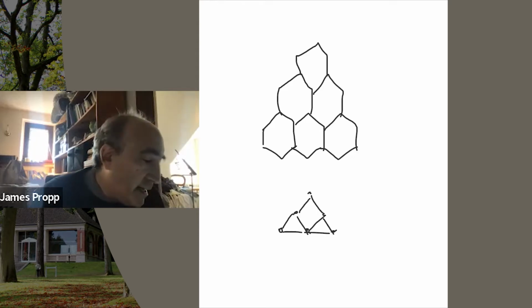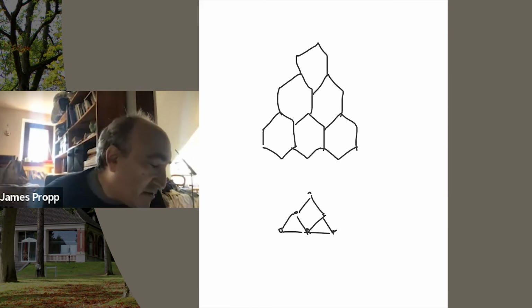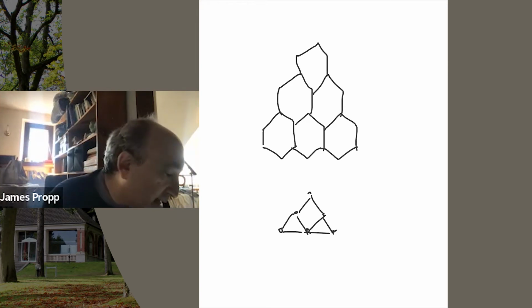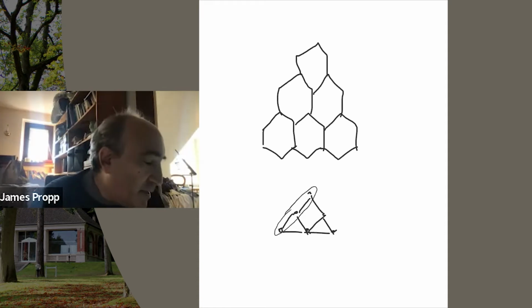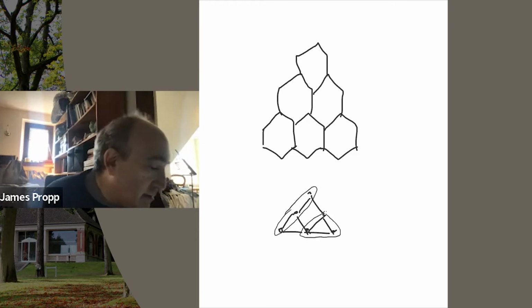But now we're not looking at perfect matchings of the graph or perfect dimer covers. We're looking at perfect trimer covers. So for a graph that looks like this, let me see if my Apple Pencil's got a little bit of charge. Yes. This would be a trimer, and this would be a trimer. And so that would be an example of a perfect trimer cover of a graph like this.